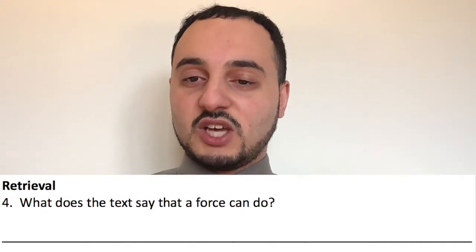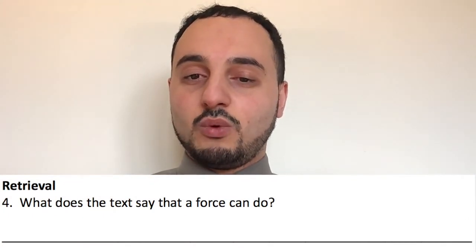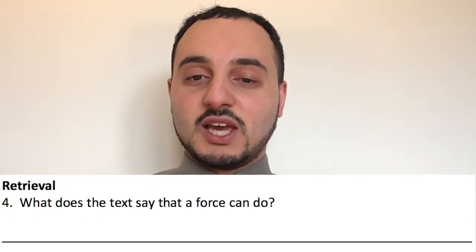Right, retrieval, question 4. What does the text say that a force can do? So again, it says, what does the text say? I need to find evidence from the text to back up my answer. I know this is a retrieval question, so I'm going to find something, pull it out, and use it.